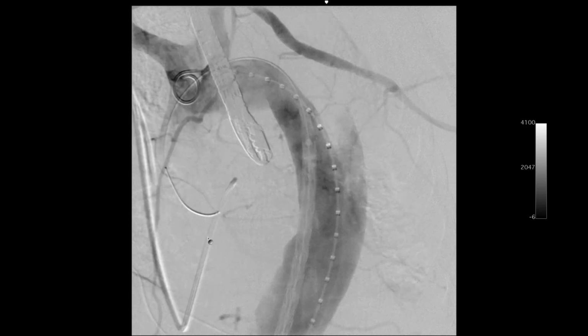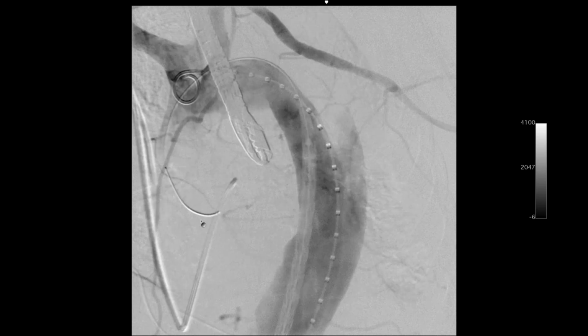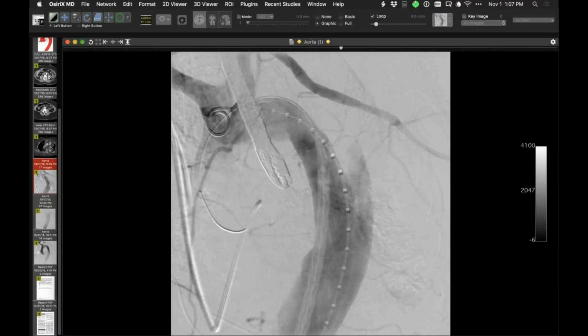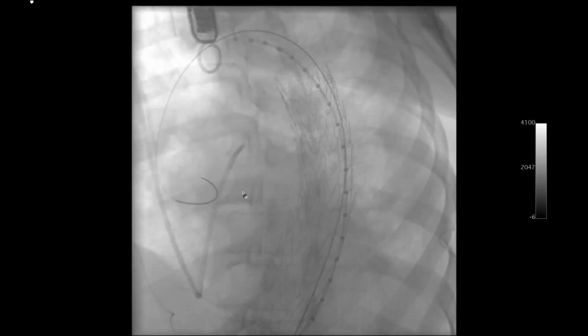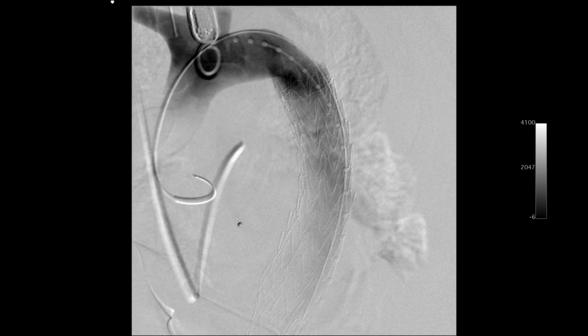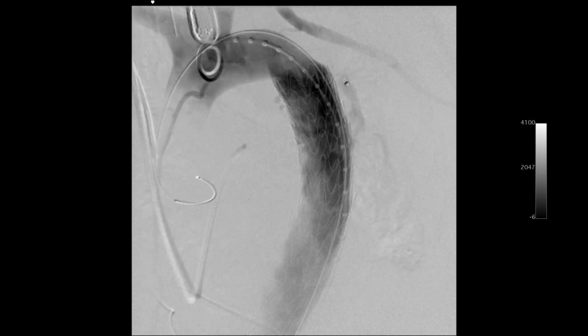You can see that there is opacification on the angio, this being in the operating room, of the true and false lumens. And then I will show you that after placing the stent and doing the angio, there is still, it surprised me a little bit because I thought they would have covered that, but there is still a leak or communication to the false lumen up there.